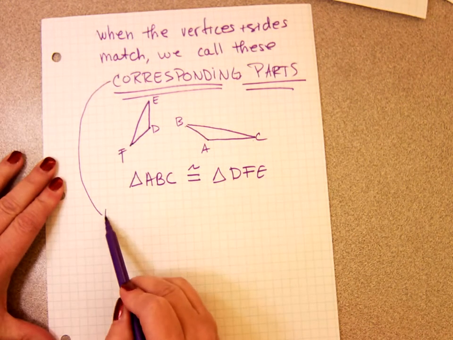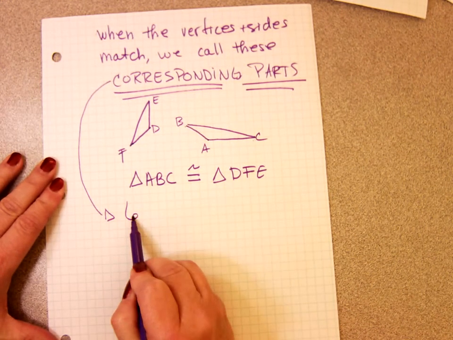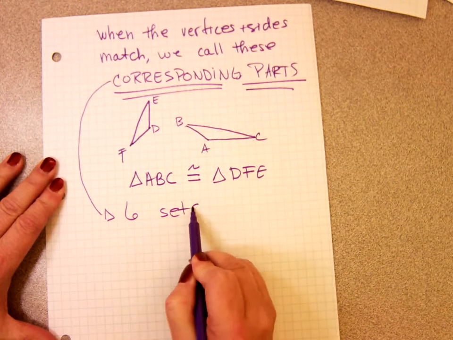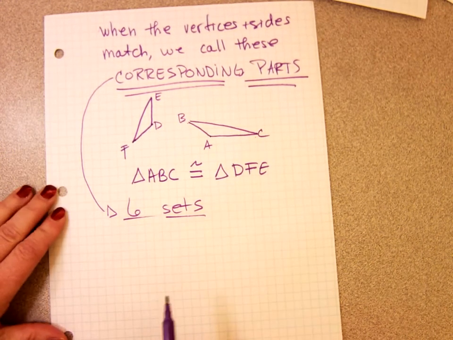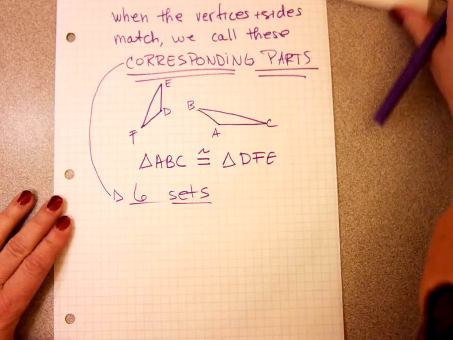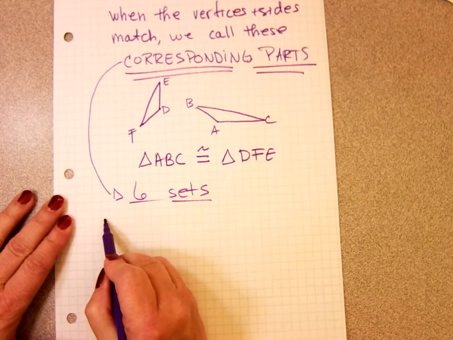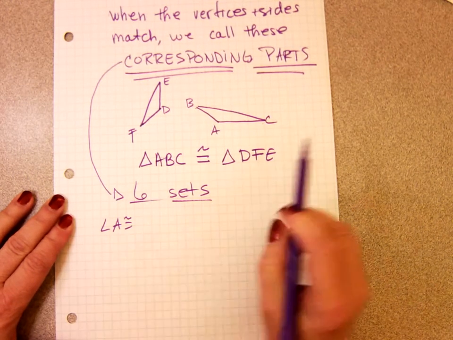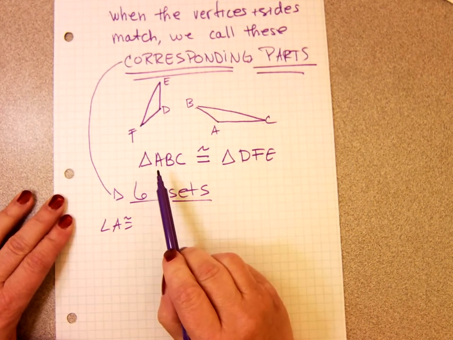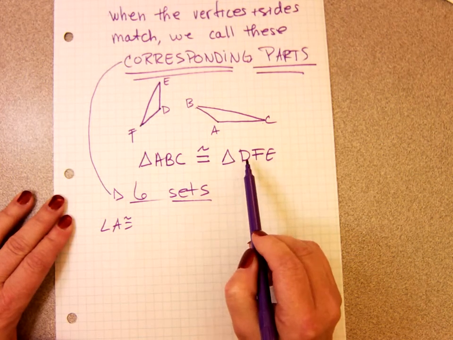So, what are the corresponding parts? There are 6 sets of corresponding parts. Let's see if we can figure them out. Let's start with the angles. So angle A is congruent and corresponding to what angle? Anybody?